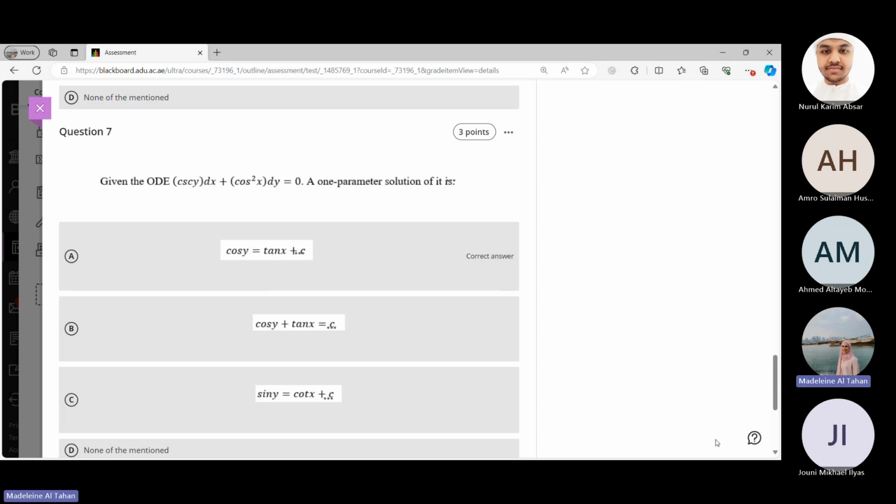Okay, so cosecant y dx on one side, minus cosine square x dy on the other side, right?